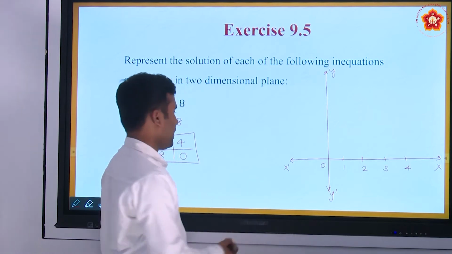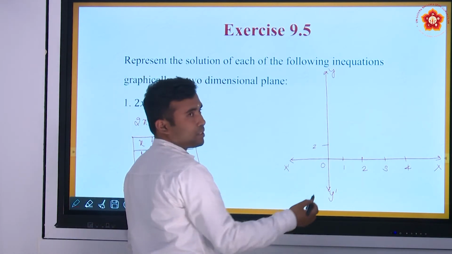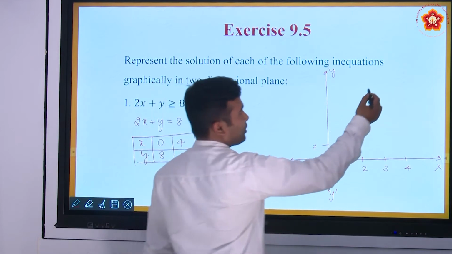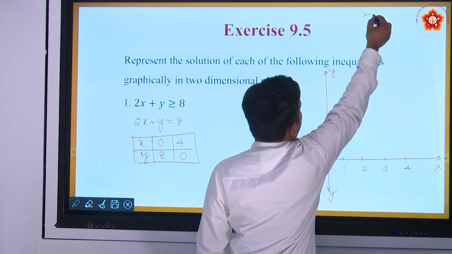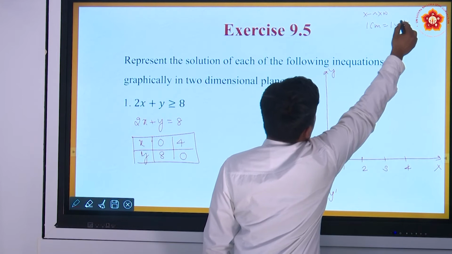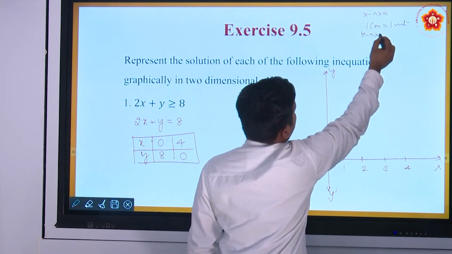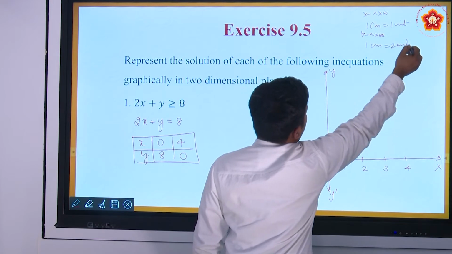And similarly on the y axis I will take 1 centimeter equal to 2. If you want to scale, you can write down: on the x axis, 1 centimeter is equal to 1 unit, and on the y axis, 1 centimeter is equal to 2 units. You may write the scale.